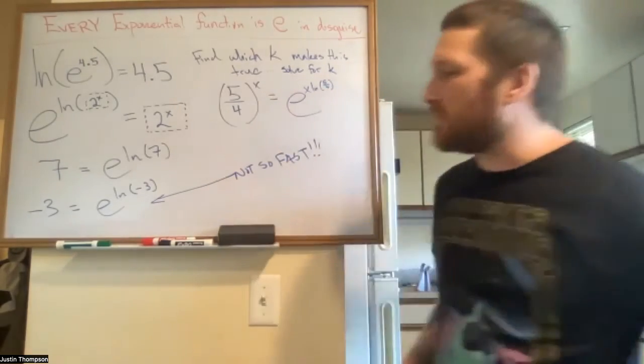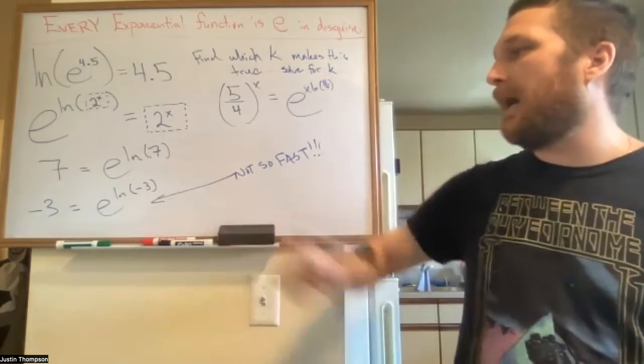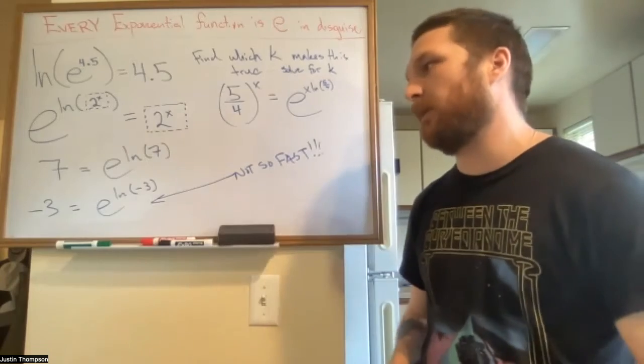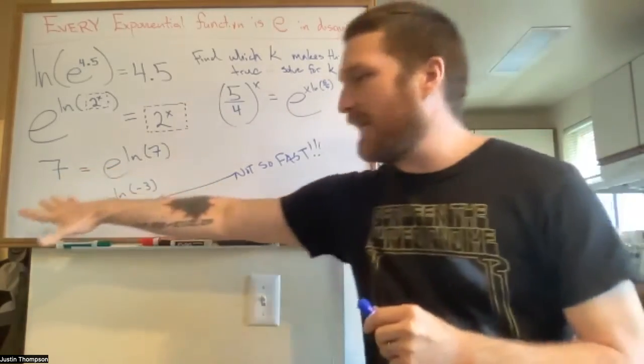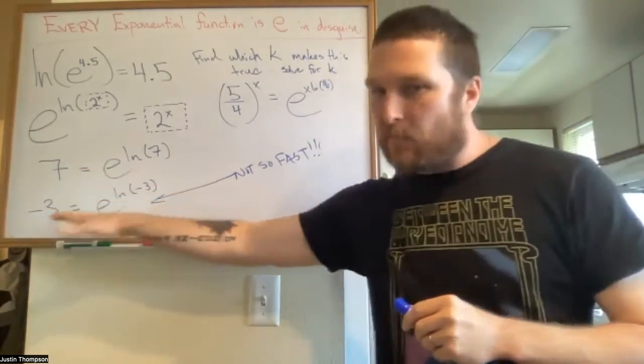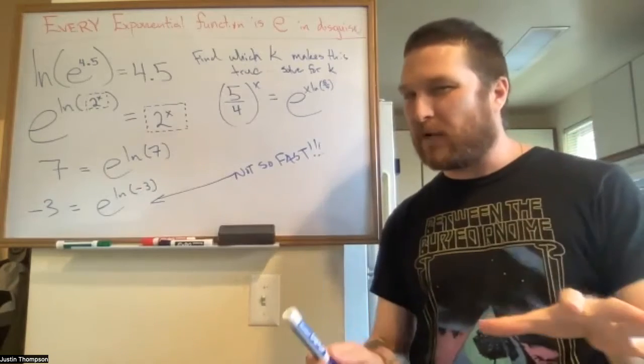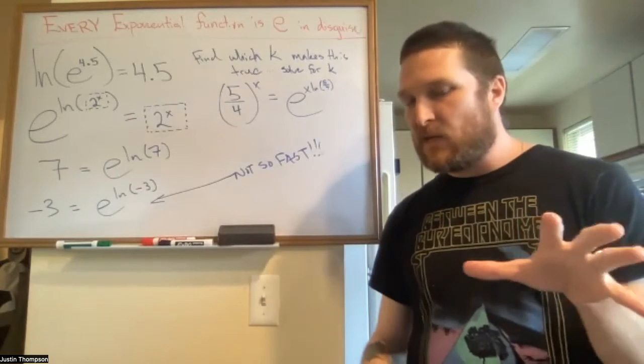Because as far as we're concerned, the natural log cannot handle negative inputs. And so we can't just do this willy-nilly without using our brains. We have to stop and use our brains sometimes.